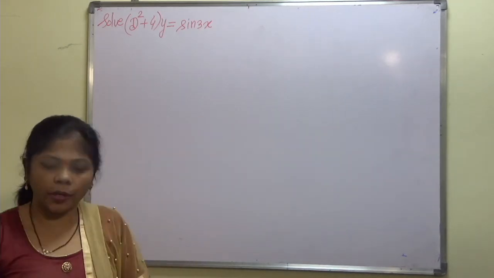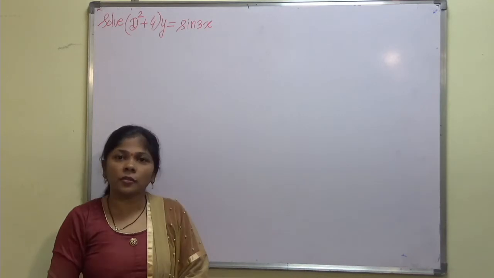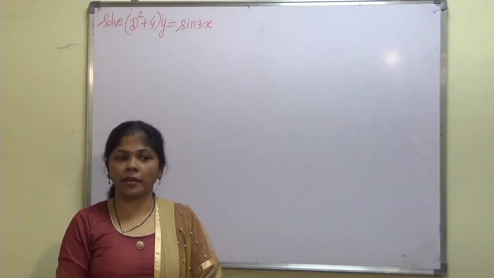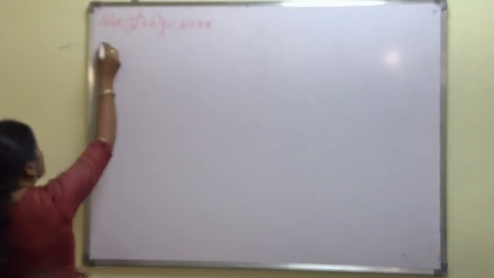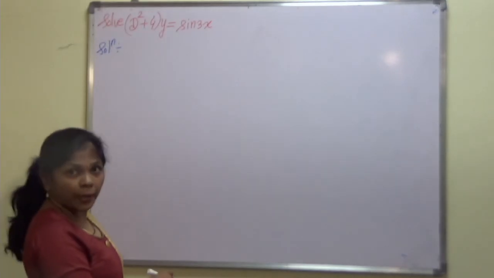Again it is a non-homogeneous equation. So that's why we need to find both the complementary function as well as the particular integral. Let us find the complementary function first. This is already in the required operator form.